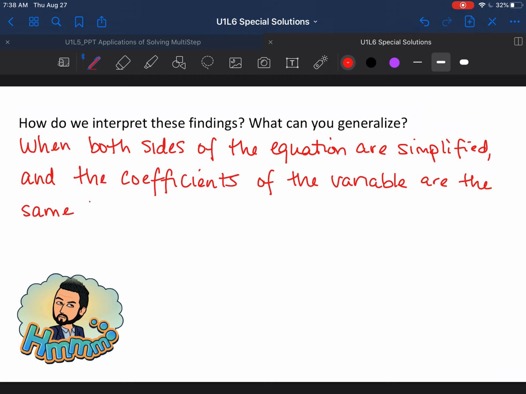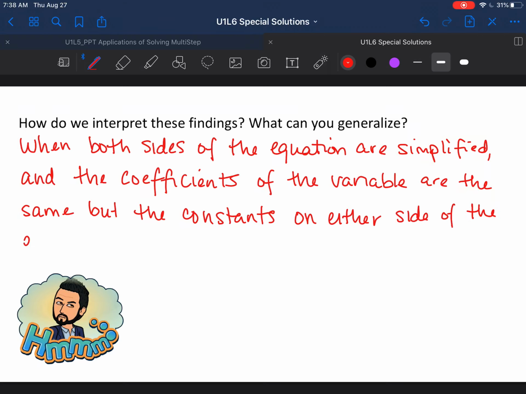But this time, the constants on either side of the equal sign are different, where we get a false statement.